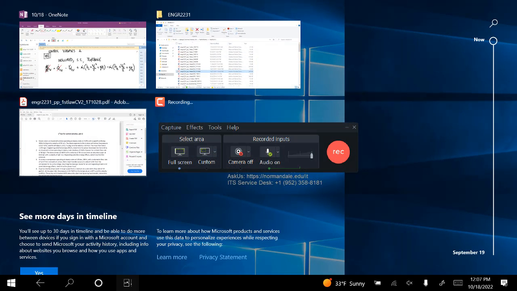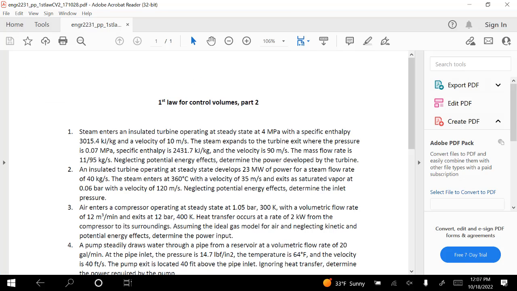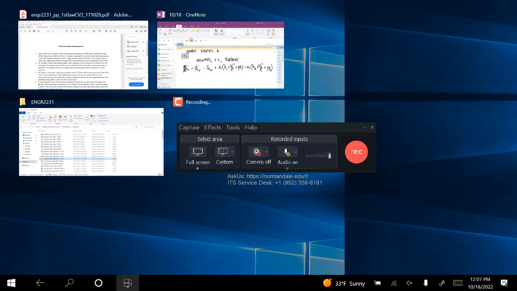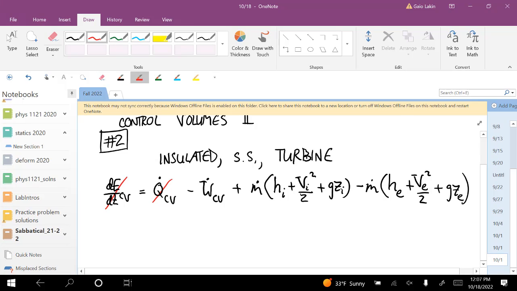And let's see what else it says. Neglecting potential energy effects. And it tells us that W is 23 megawatts, so 23 times 10 to the 6 watts. And the flow rate is 40 kilograms per second. So potential goes away.